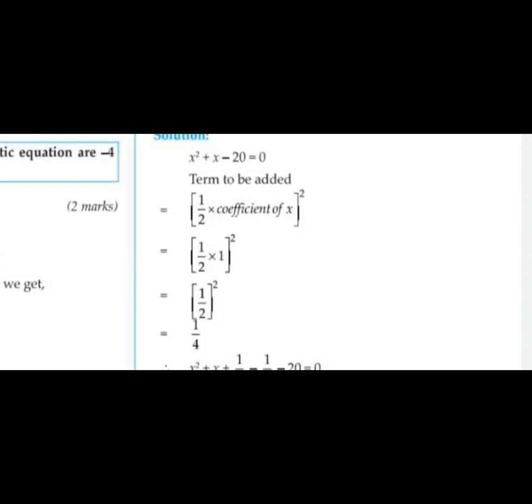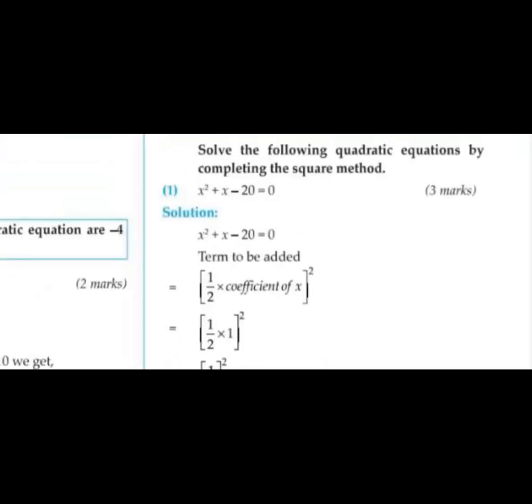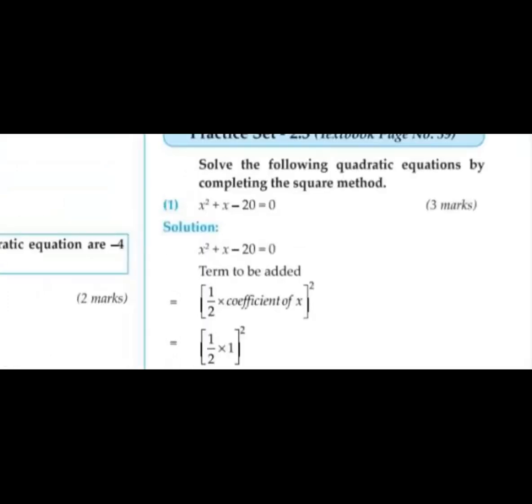In this particular method, the completing the square method, the coefficient of the first term should always be 1.